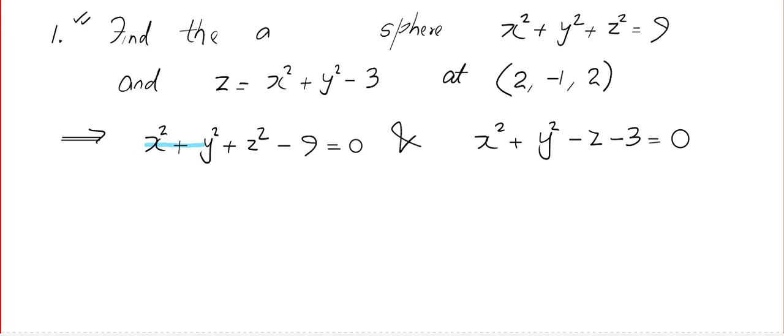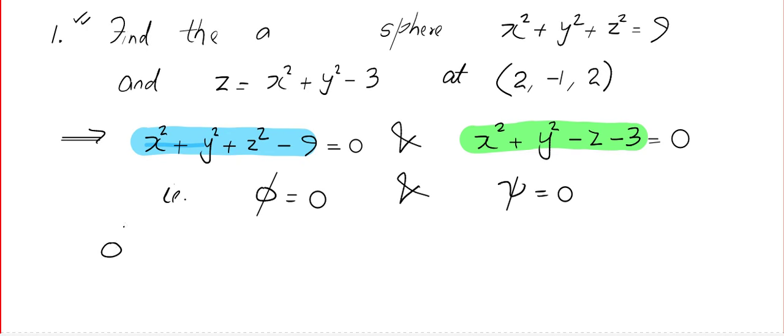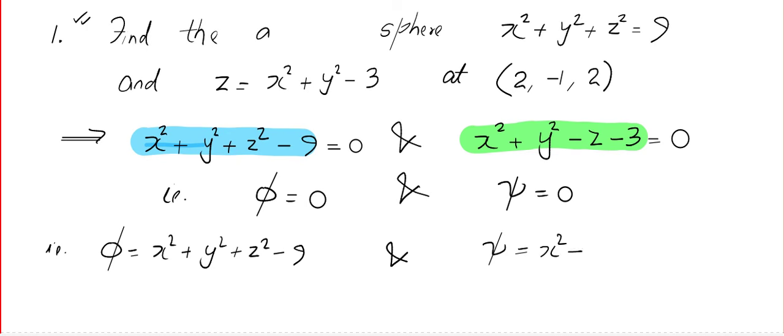This is our phi equal to 0 and this is our psi equal to 0. Remember, the angle between any two surfaces is the angle between their respective normals, and the normals are given by the gradient of the function.